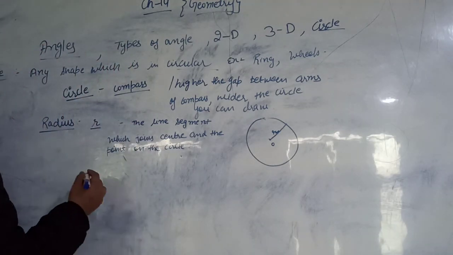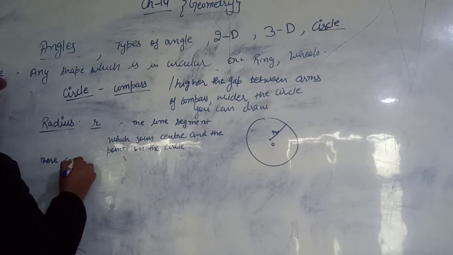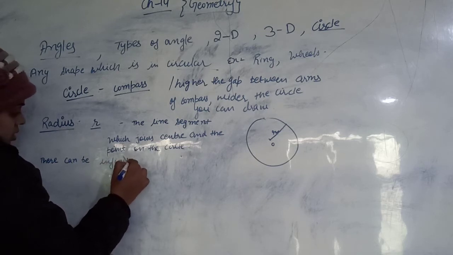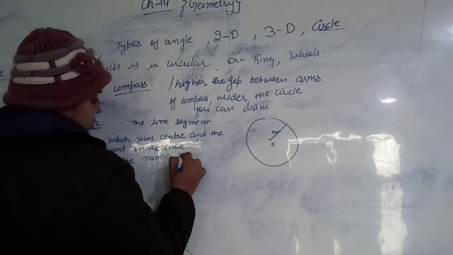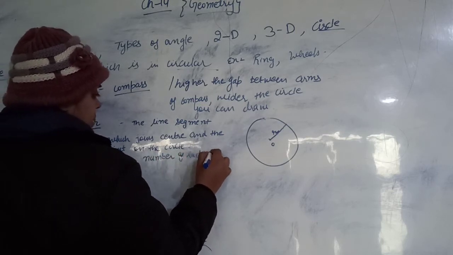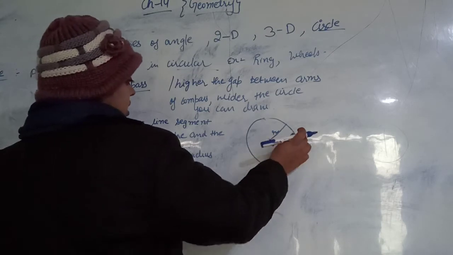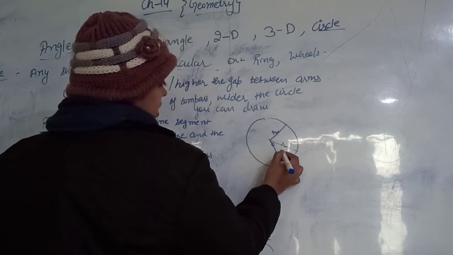So one more point: there can be an infinite number of radii. Many can be there, बेटा. कितने भी हो सकते हैं आपके radius, because radius is just the line which joins the center to any point on the circle. ये सब क्या है? Radius.